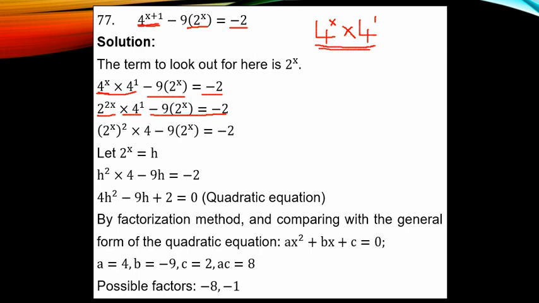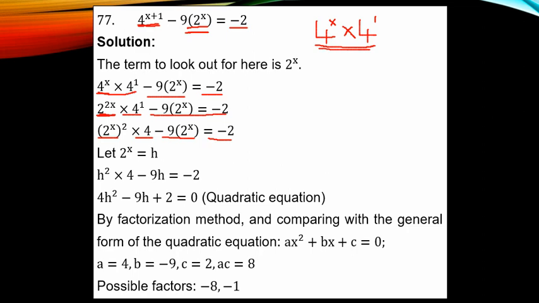So by power law, you can factor out 2 from this place for us to have 2 power s as we have it here. So you have 2 power s all squared, 4 power 1 is 4, then minus 9 bracket open, 2 power s bracket close equal to minus 2.